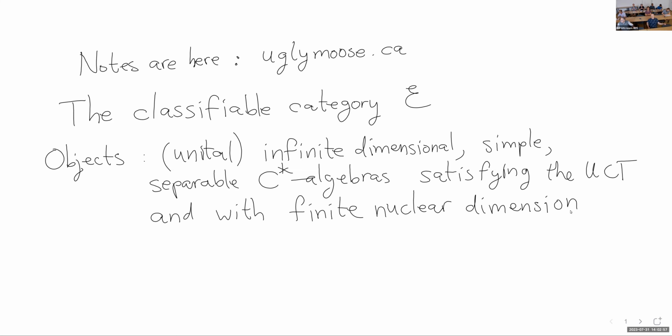I will, in due course, describe these assumptions in some detail, some more briefly than others. So these are the objects in the category, and the morphisms are just unital *-homomorphisms.